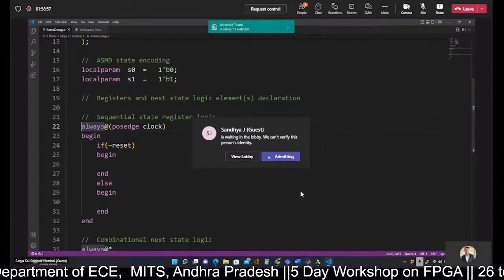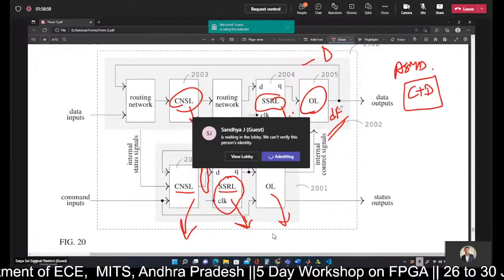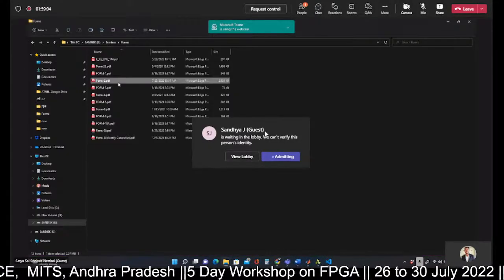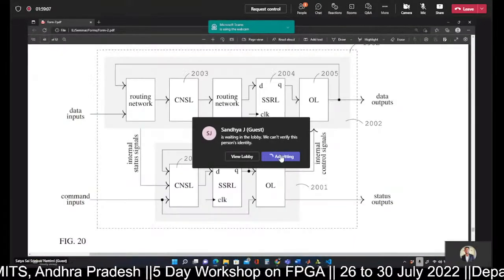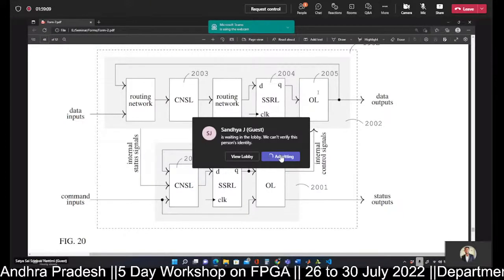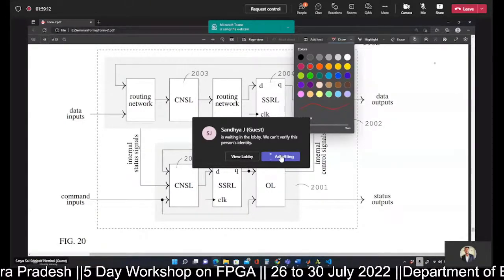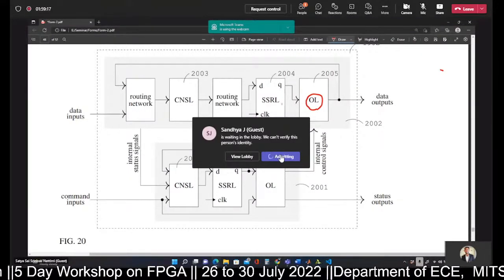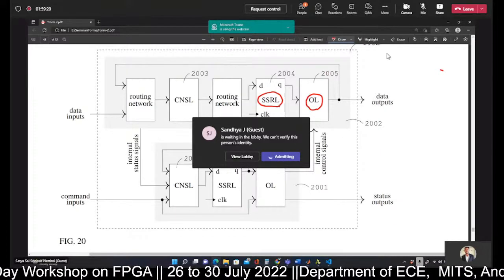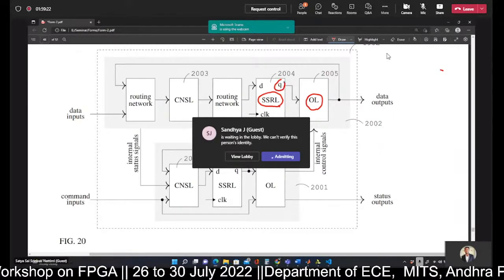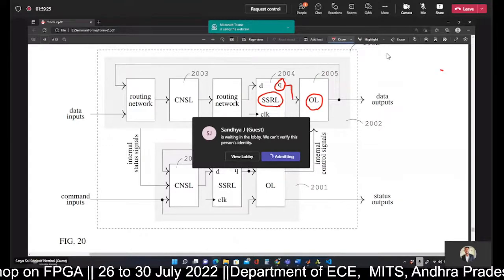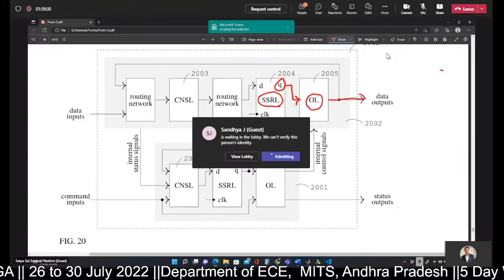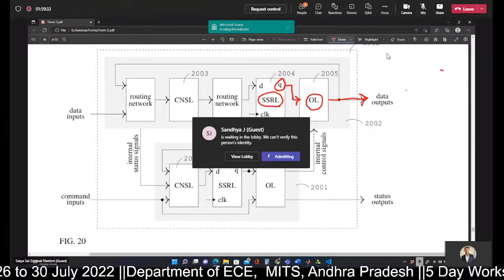Now carefully observe this diagram. I will open it once again. If you carefully see the output logic, it is always driven by the sequential state register logic. So whatever value is being stored in the register, that is going to the output logic, and that value is going to the actual output of the module.